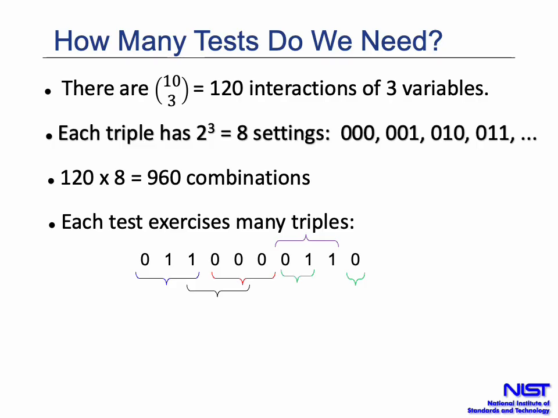But of course, every test covers many triples, obviously, actually 120 triples, because we have 120 interactions for 10 variables chosen 3 at a time. So we have many triples covered in a single test, but how many tests do we really need if we want to cover all of those 960 combinations?